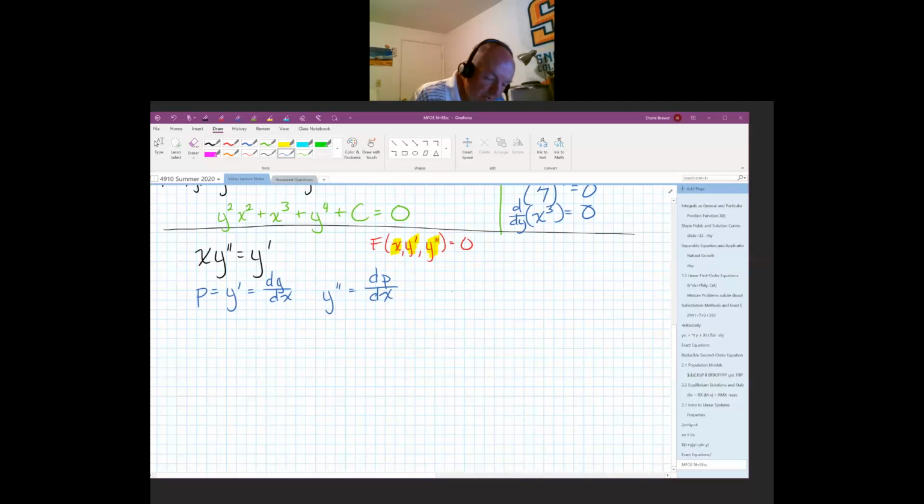Now, we're trying to find y. Y is the solution, so this is the key right here. Y itself is equal to the integral of y prime dx, or in other words, the integral of p. If I integrate y prime, I should get y. So I'm going to integrate p.